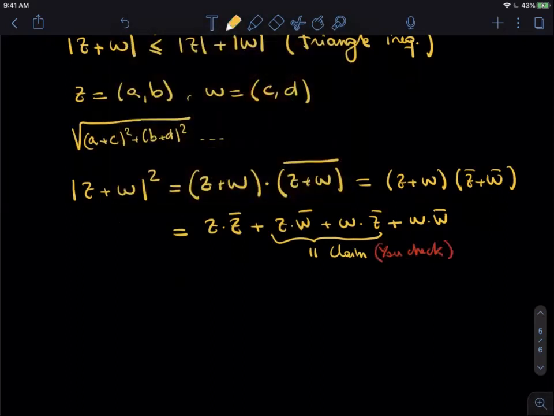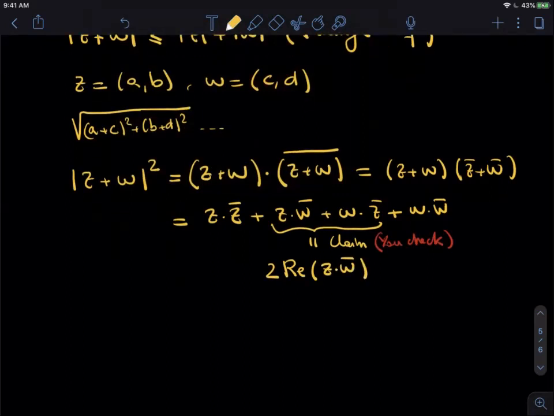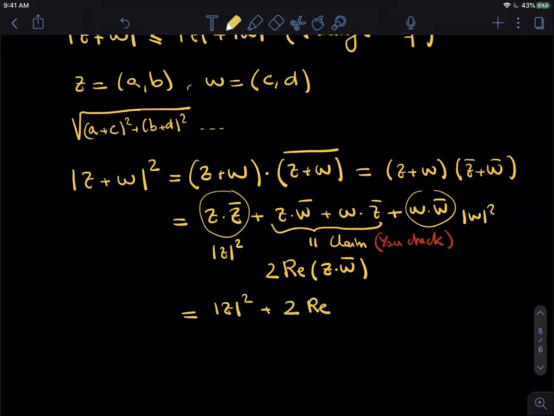The claim is that this is twice the real part of Z times the conjugate of W. And now we identify what these are: the modulus of Z squared and the modulus of W squared. So we have the modulus of Z squared plus twice the real part of Z times the conjugate of W plus the modulus of W squared.